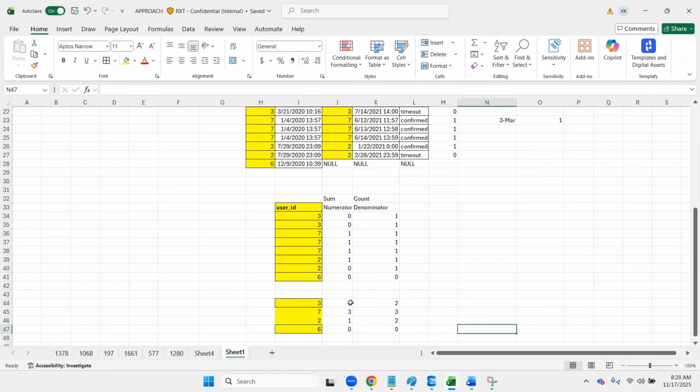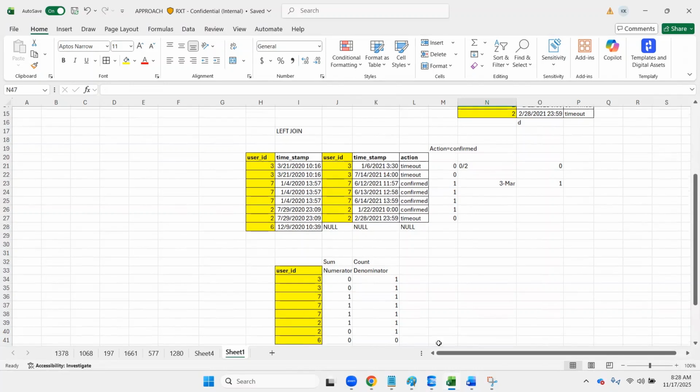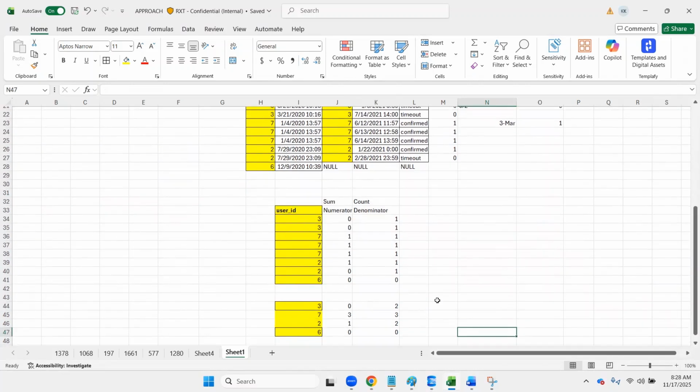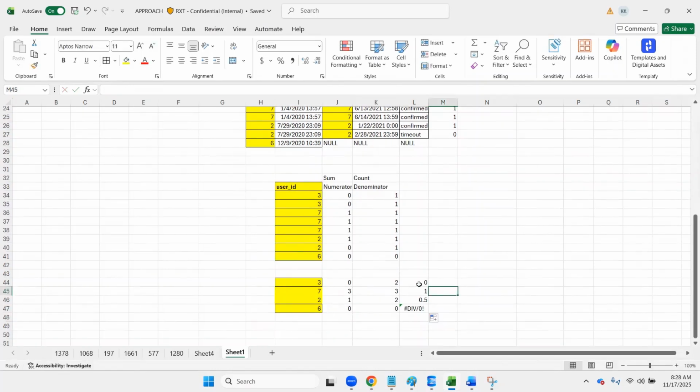Now to get the confirmation rate, as we already said, it is the numerator divided by the denominator. Here the numerator is 0, so the confirmation rate was 0. Here he tried 3 times and 3 were successful, so we get 100%.